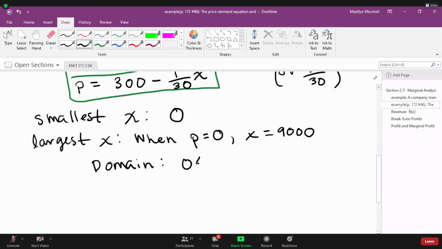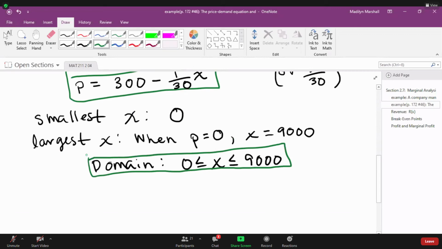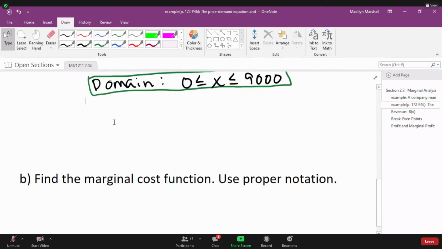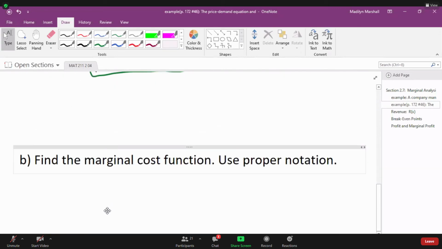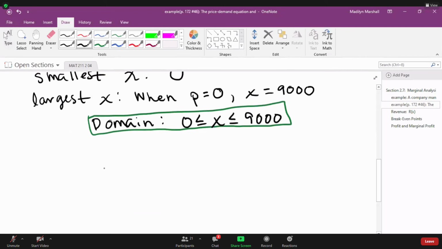So x has to be between 0 and 9,000. If we were to explain in words what happens at 9,000, why is that a limit?